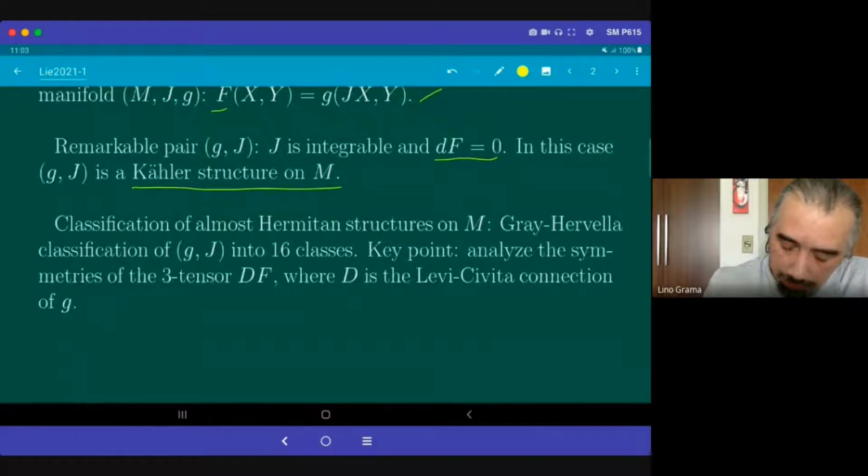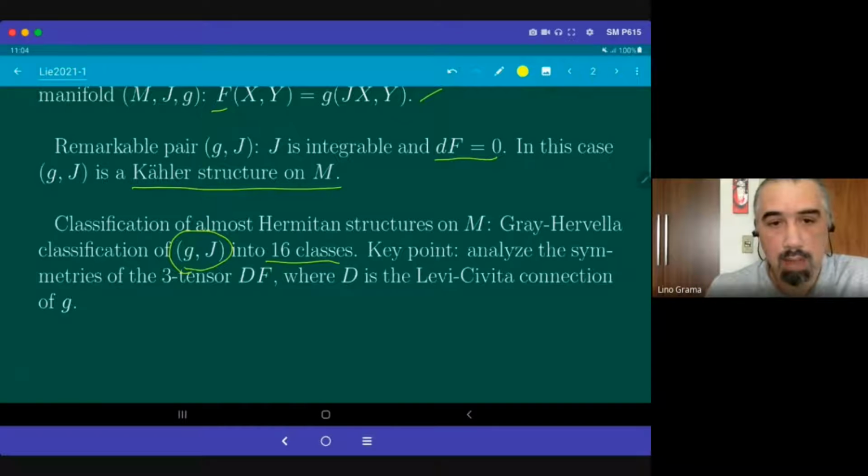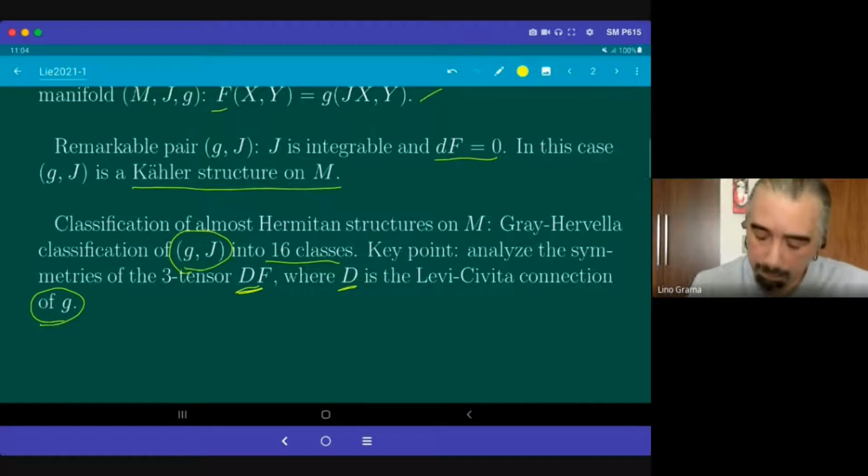And we have a classification of the almost Hermitian structures, provided by Gray-Hervella, and they classify the almost Hermitian pairs into 16 classes. The key point here is to analyze the symmetries of the covariant derivative of the fundamental two-form, where D is the Levi-Civita connection of the Riemannian metric g. This will be important in our situation here.